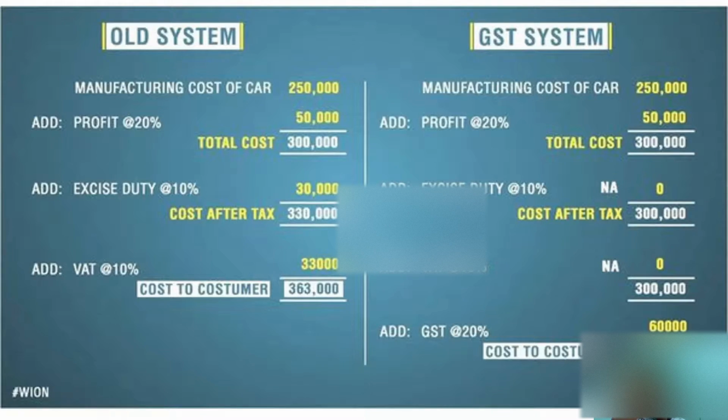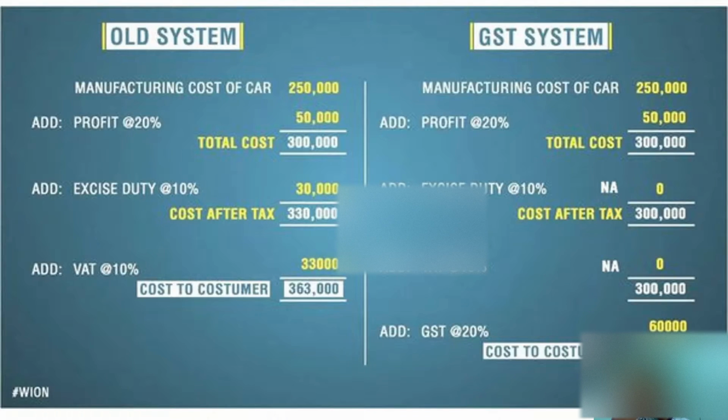If they charge 20% on 3 lakh rupees, that would amount to 60,000, so that becomes 3,60,000. If you look at the price that the consumer is paying on the same car, under the old tax system it is 3,63,000, whereas under the GST system, it is just 3,60,000. Now the consumer has a benefit of 3,000.